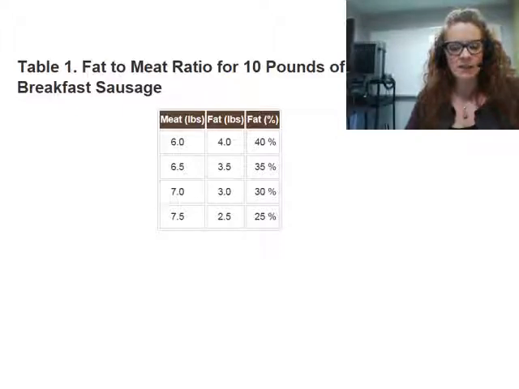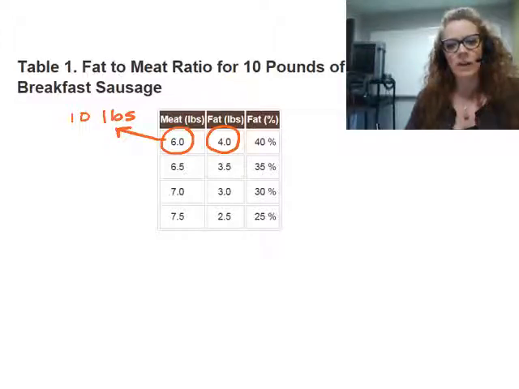So this might be someone's recipe, and it is for 10 pounds of sausage, and you can see that they're going to use, say, 6 pounds of meat and 4 pounds of fat, and that equals the 10 pounds. And that gives them a fat content of 40% because 4 pounds of fat out of the 10 is 40%, right?